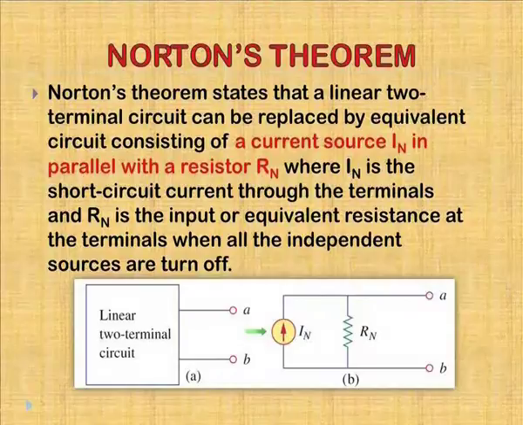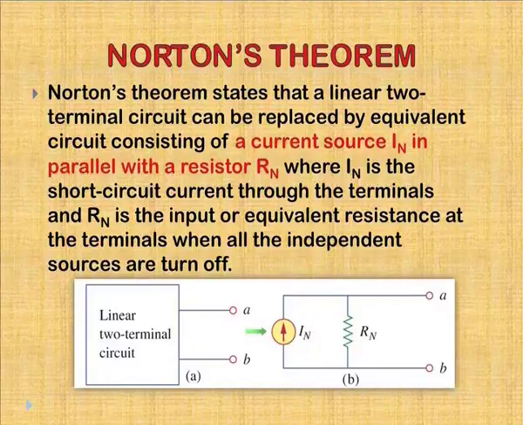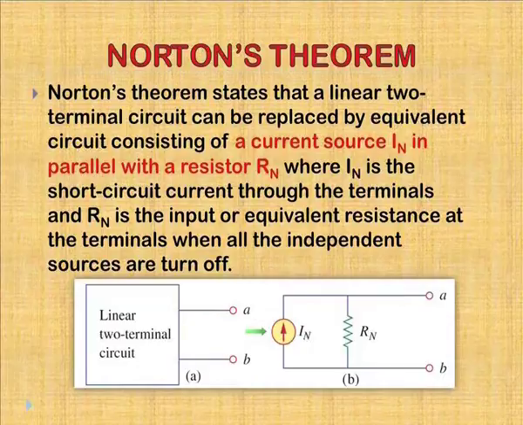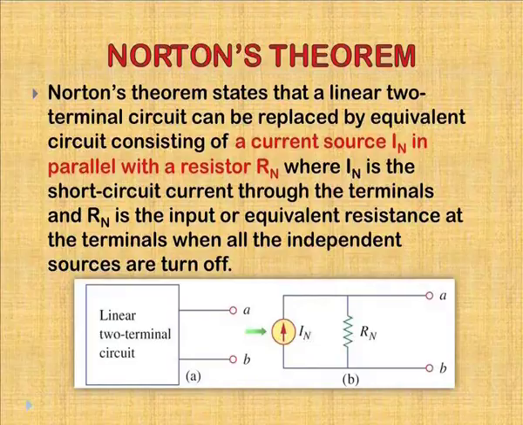So, Norton's theorem states that a linear two-terminal circuit can be replaced by an equivalent circuit consisting of a current source IN in parallel with a resistor RN, where IN is the short circuit current through the terminals and RN is the input or equivalent resistance at the terminals when all the independent sources are turned off.